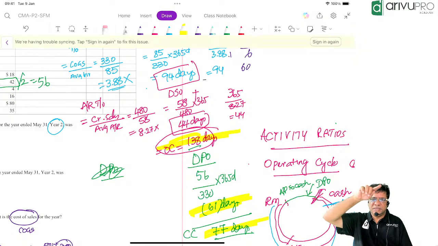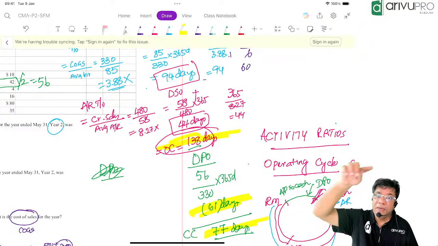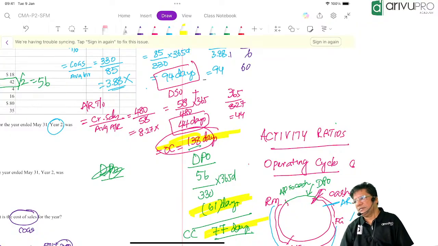What is the complete cycle? Raw material purchased on credit until the payment of the creditor. Once we finish payment, it is the complete cash cycle.